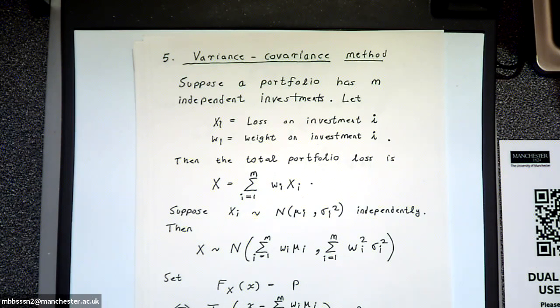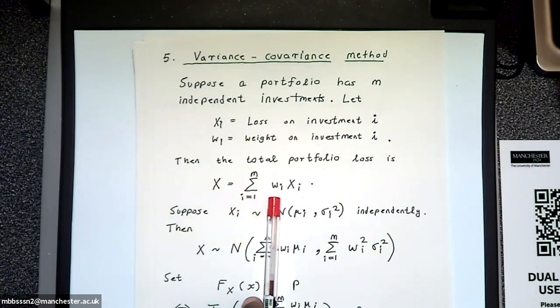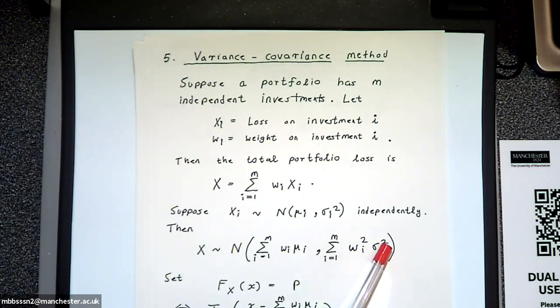So you have weights, there are M investments, right? Now, if we assume that the Xi are normally distributed and independent, then you should know from stat methods that the distribution of X will be this, with this being the mean and this being the variance.